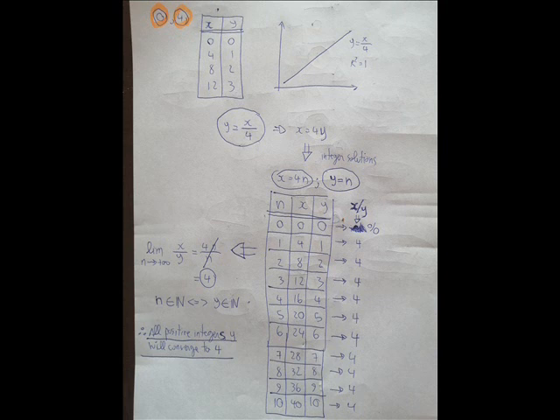And the integer solutions will be x equals 4n and y equals n. In the table, we can see that for n equals 0, x equals 0, y equals 0. For n equals 1, x equals 4, and y equals 1. For n equals 2, x equals 8, y equals 2.